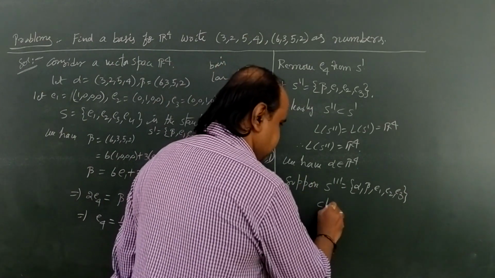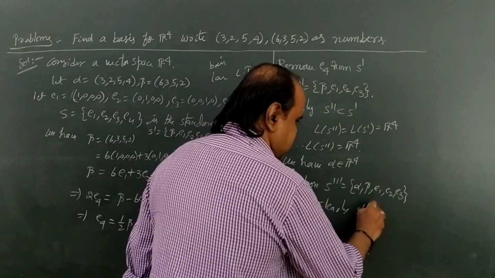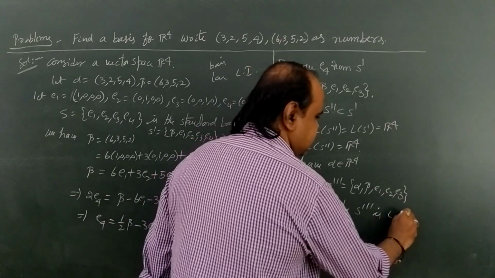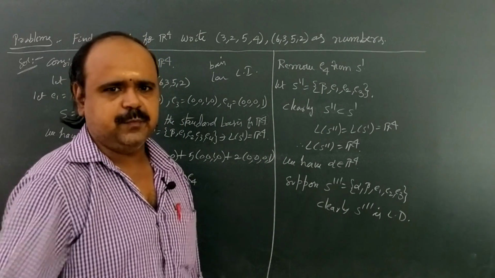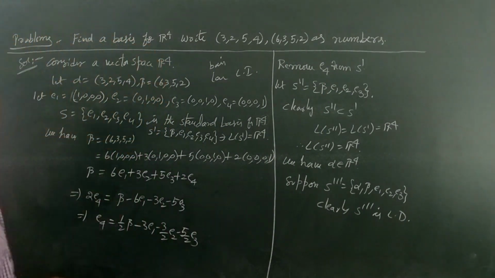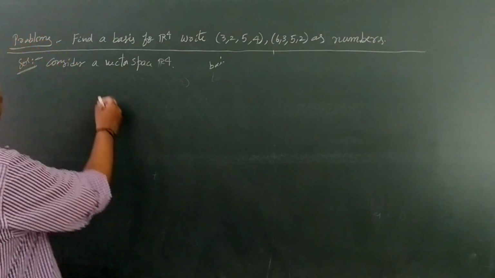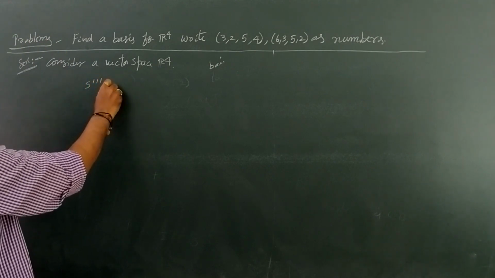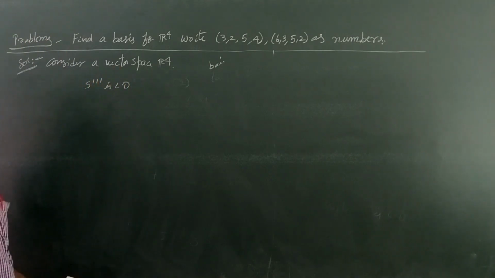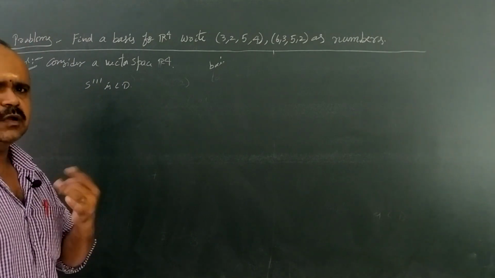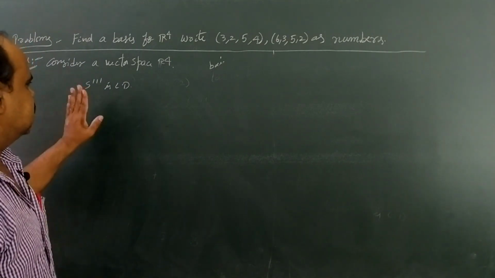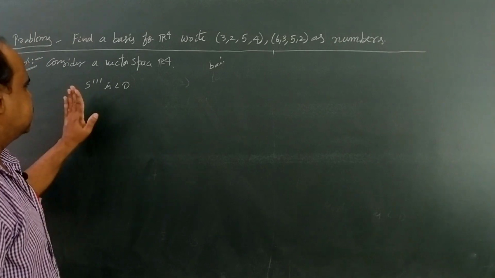So clearly S triple dash is not LI means LD, linearly dependent. We have S triple dash is LD. So LD means the linear combination of S triple dash is 0, but all the scalars are not 0. So write down the linear combination of vectors of S triple dash.